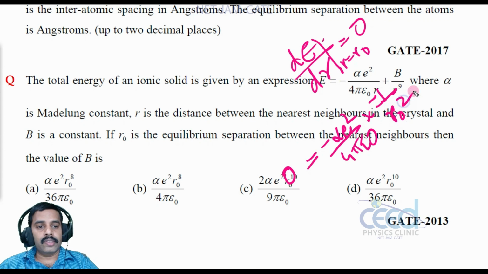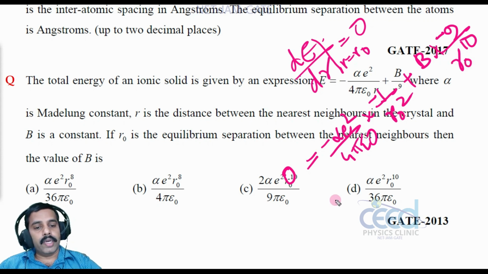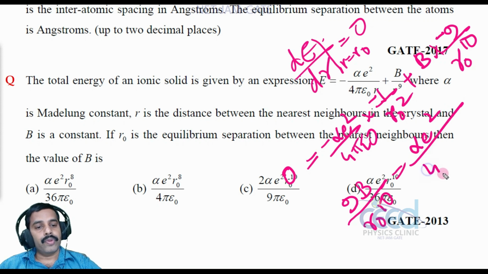At r0, this is minus 1 by r0 square. Here this is b into 1 by r raised to 9, and on differentiation, minus 9 by r raised to 10. At r0, this will be r0. So let me write this as 9b divided by r0 raised to 10 equal to alpha e square divided by 4 pi epsilon 0 r0 square.